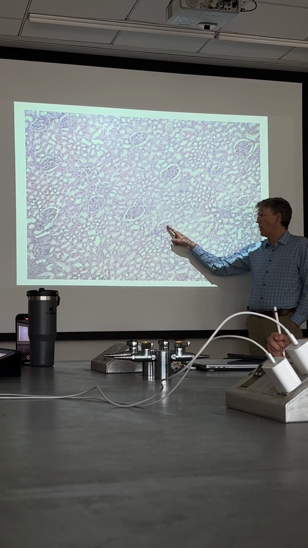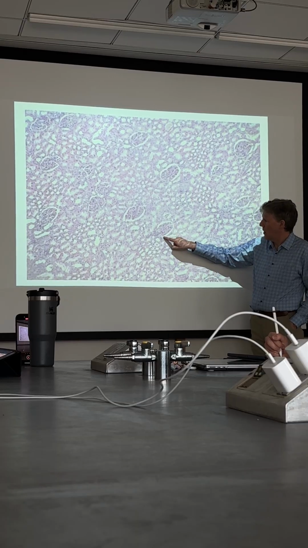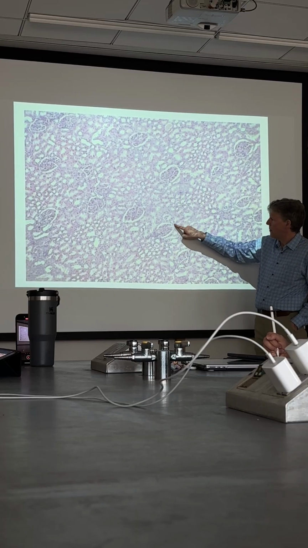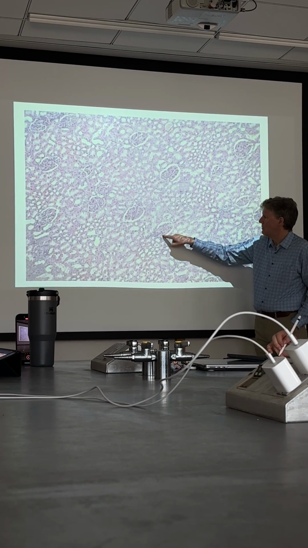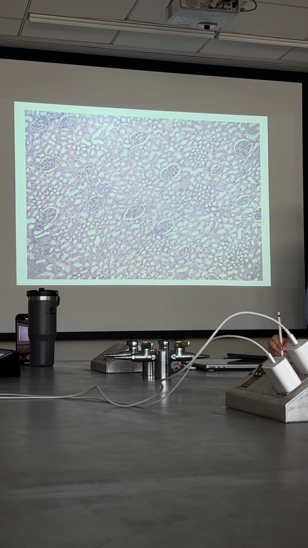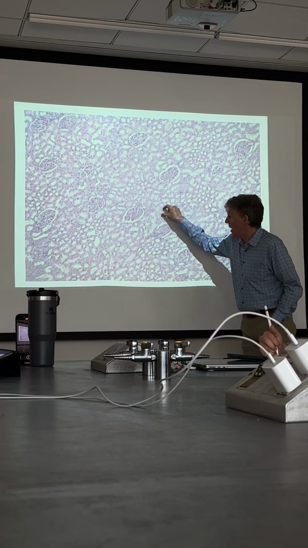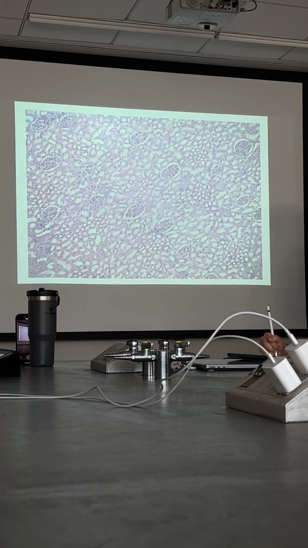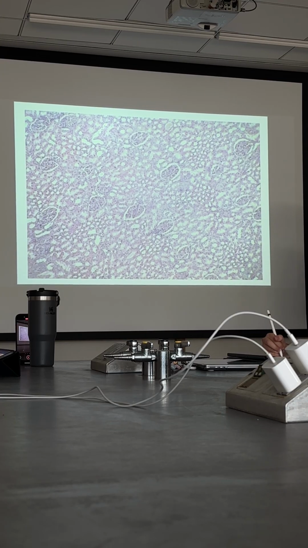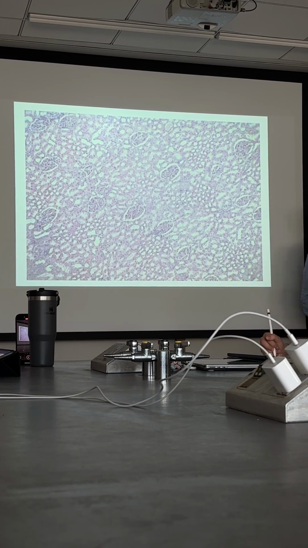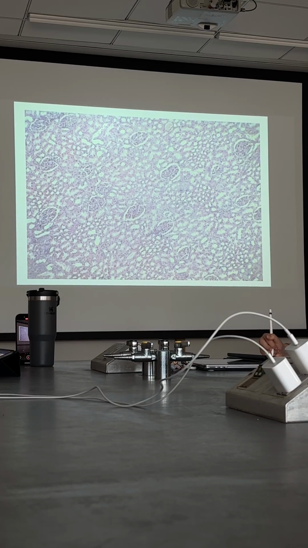Obviously, the white area would be Bowman's space, and the layer that makes up a surrounding part would be Bowman's capsule. Now, all these little circular things that you see around here are going to be either DCT or PCT, but this magnification is not great to show you the difference, so I'll show you a better close-up to tell the difference between the DCT and the PCT.